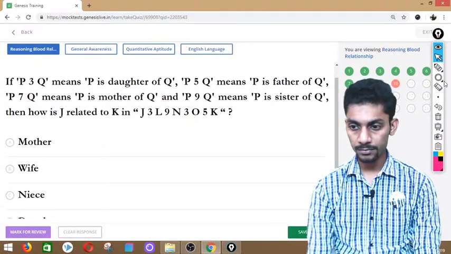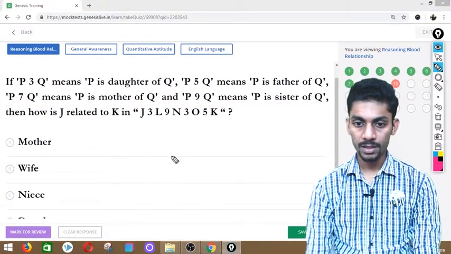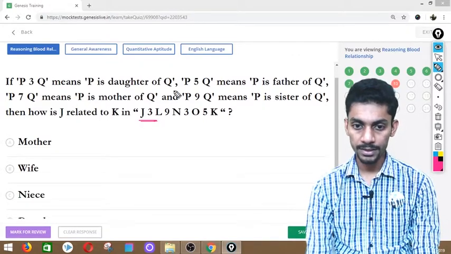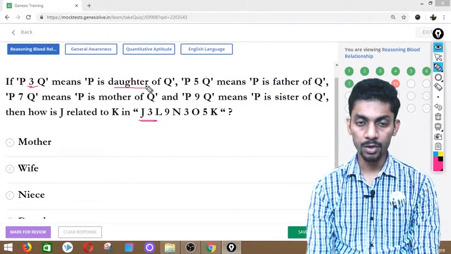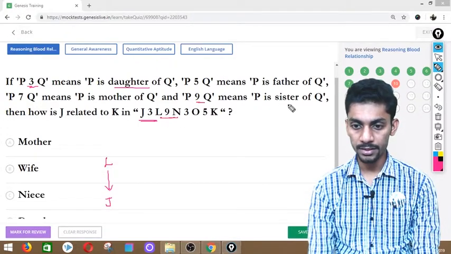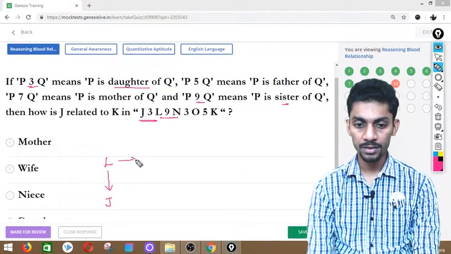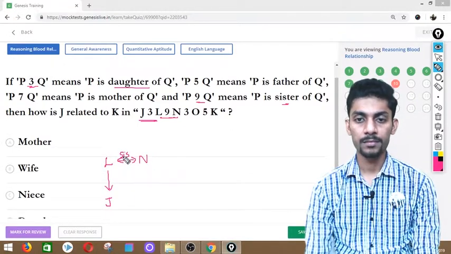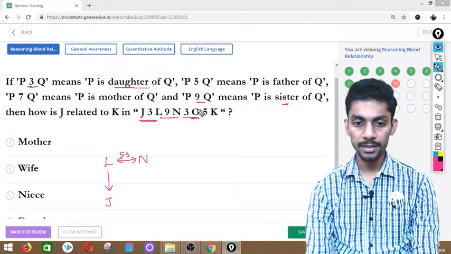Next one, J3L. What is 3 meaning? 3 means daughter. So J is the daughter of L. Right? Next, L9N. What is 9 meaning? 9 means sister. So L is the sister of N. Next, 3 again.